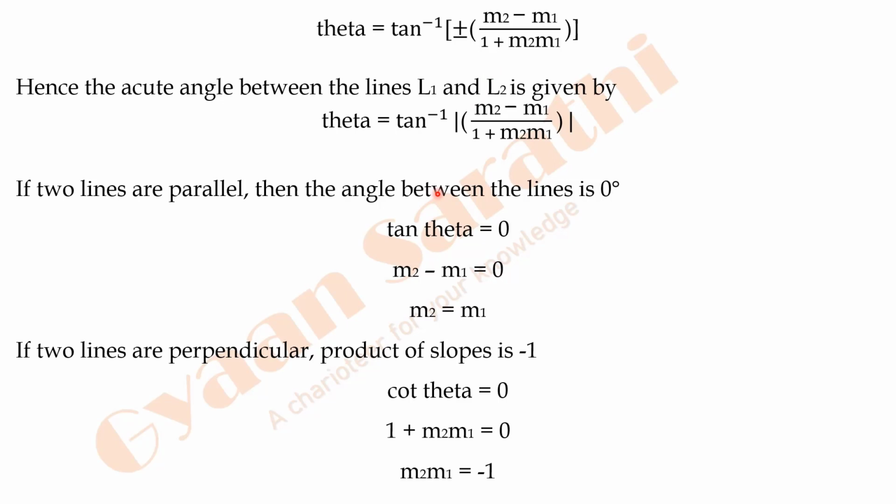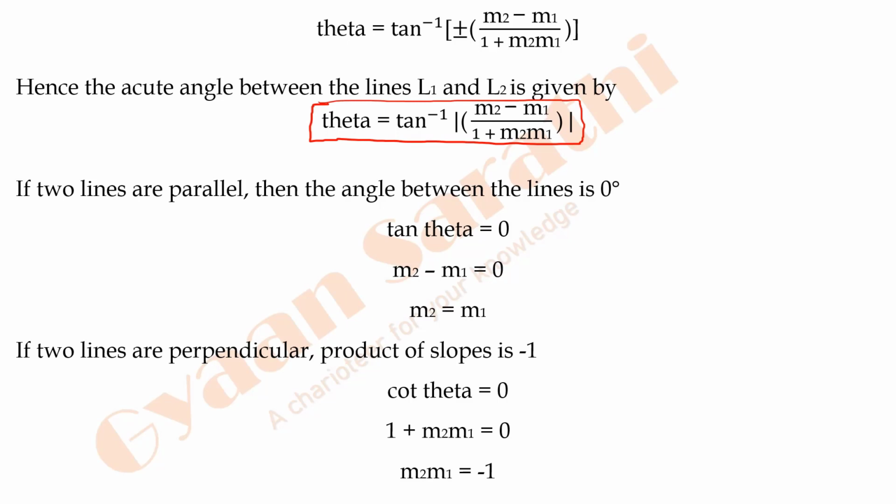Hence the acute angle between the two lines L1 and L2 is given by theta is tan inverse of modulus of m2 minus m1 upon 1 plus m1 m2, and we are taking modulus as we do not know whether the result will be positive or negative. But we know that the angle theta is acute, so tan of that should come out as positive. Therefore we are putting a mod to get the acute angle between the two lines L1 and L2.